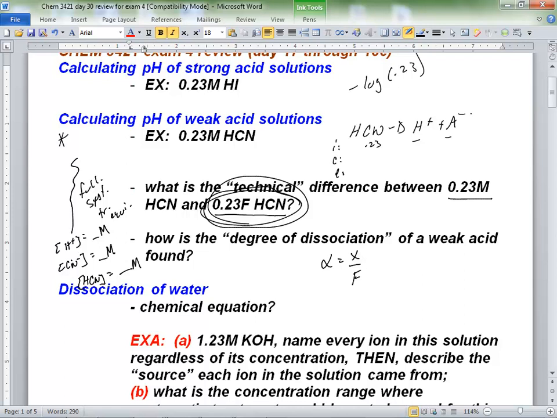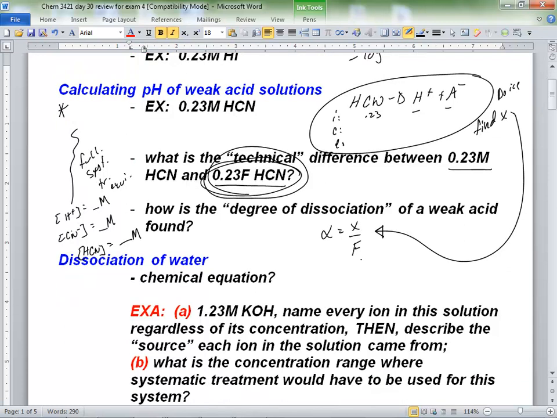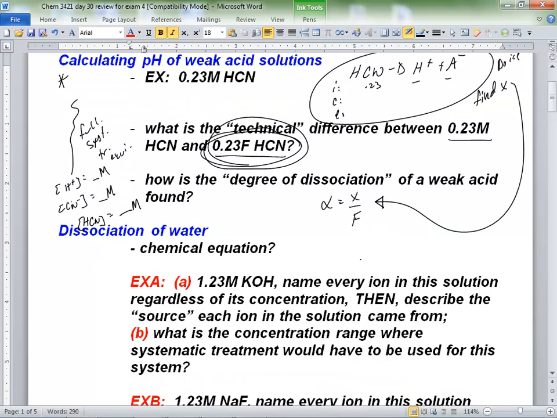So you'd write the Ka reaction, do ice, you find X, and then you substitute it in down there. Whatever you get for X, your hydrogen ion concentration, divide it by your formality, and that's your degree of dissociation. Okay. It was just a step beyond finding pH, I guess, of a weak acid solution. Then we talked about dissociation of water.